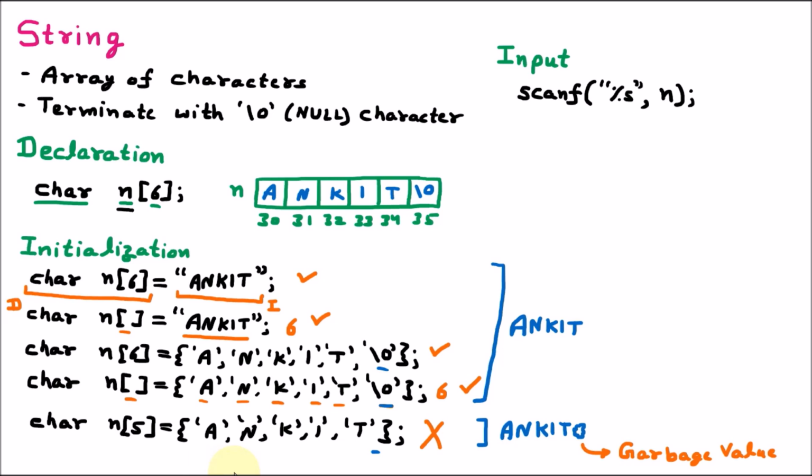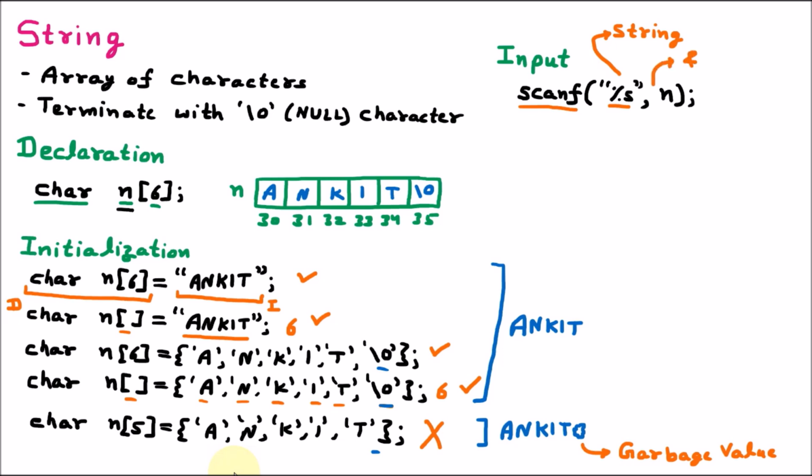Here we should observe one thing: scanf means taking the input from the user, and we are using %s, which signifies that we are taking the string input. An important thing to note is that before n we are not providing the ampersand sign.